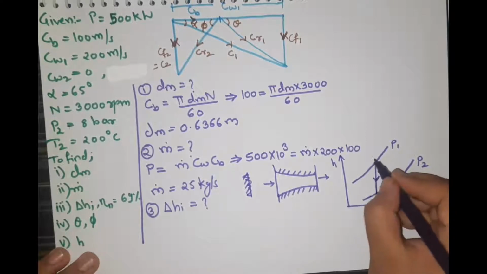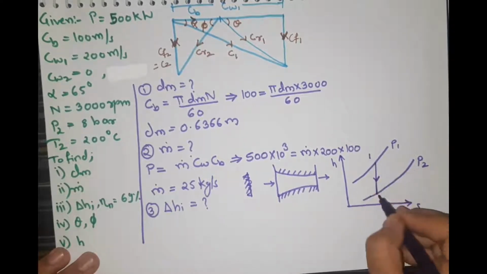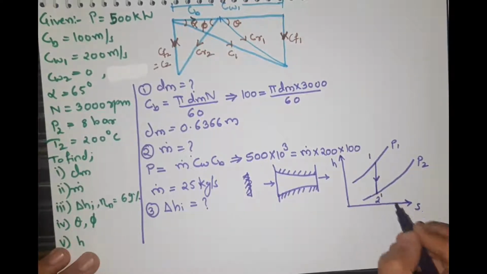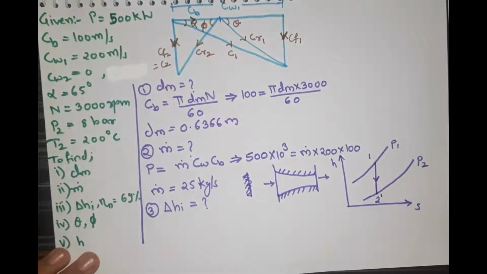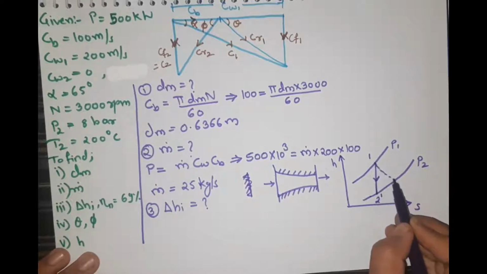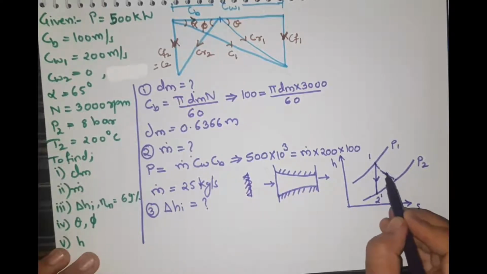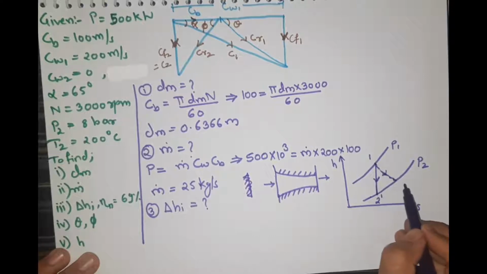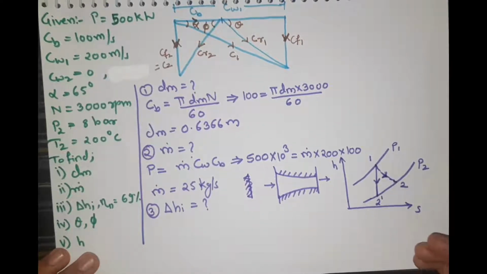So it should follow this from 1 to 2 dash. But actually or practically it will not follow this one. Instead of that, it will follow this actual process, that is from 1 to 2.